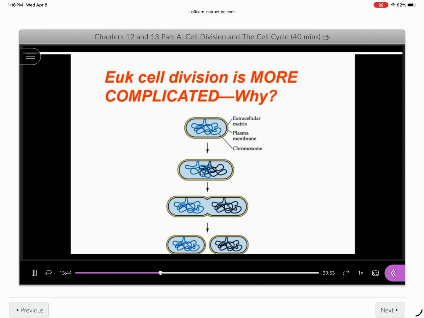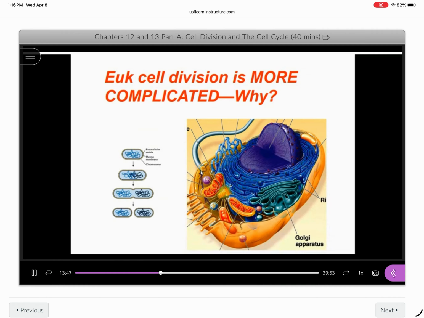Well, frankly, there's more than one answer. Here's a diagram of a eukaryotic cell we looked at earlier, right? So one of the things you should recognize immediately is that eukaryotes are larger cells, all right? But I wasn't going to make a point about that. They contain internal compartments.